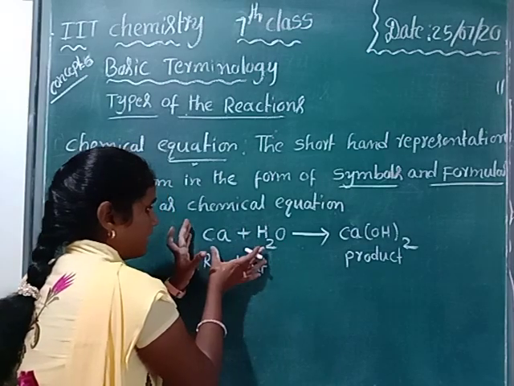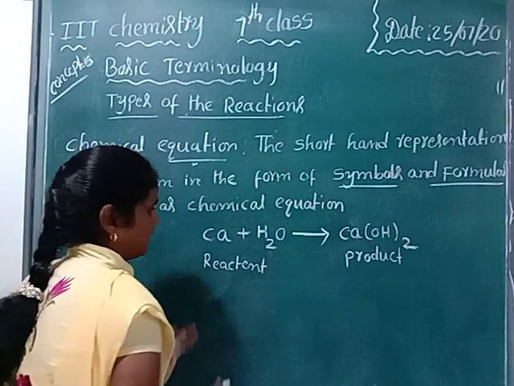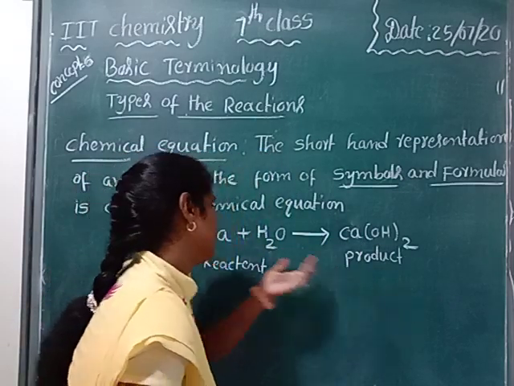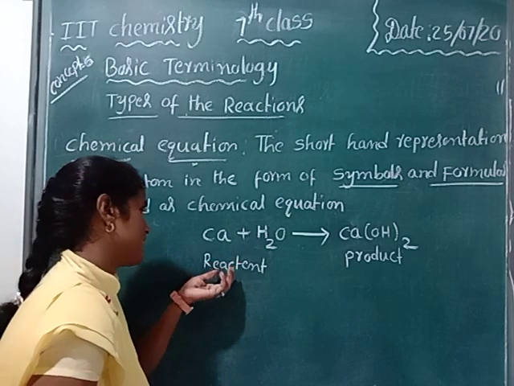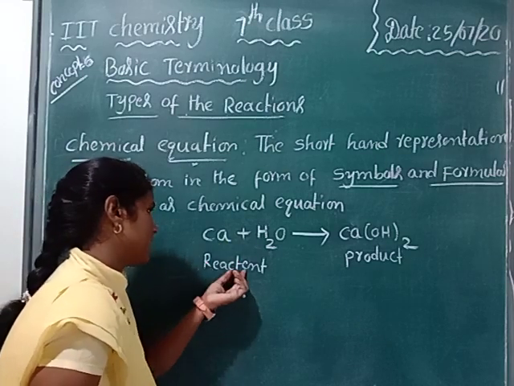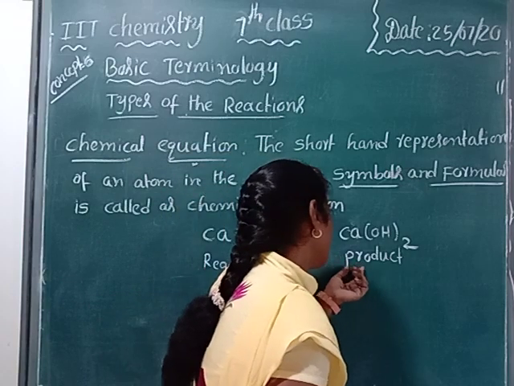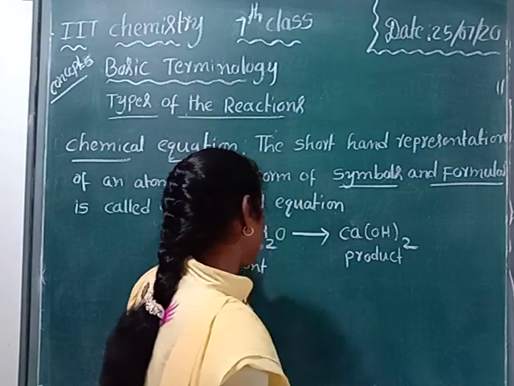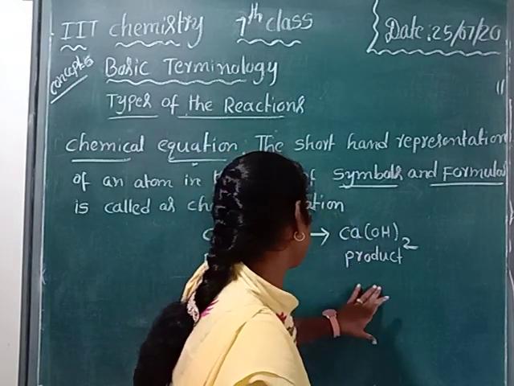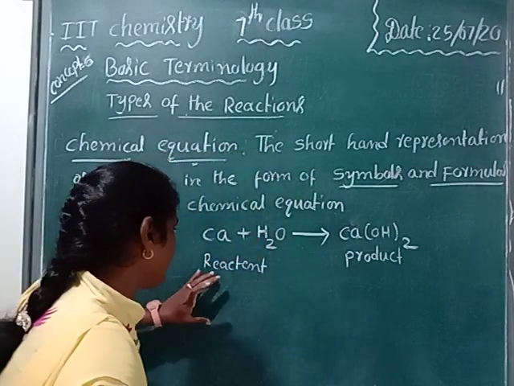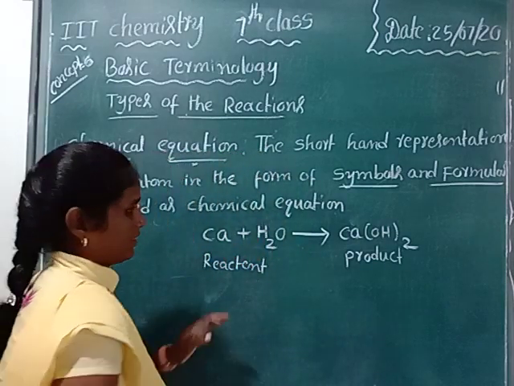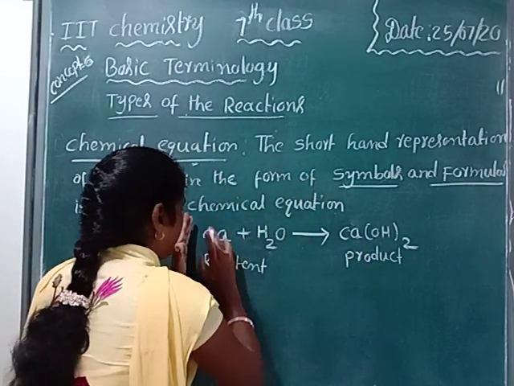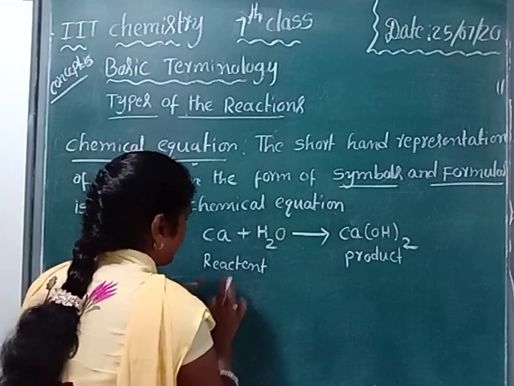Calcium and water react, so those are the reactants. After the reaction, new products are formed. The substances formed in the reaction are called products. The substances involved before the reaction are called reactants.